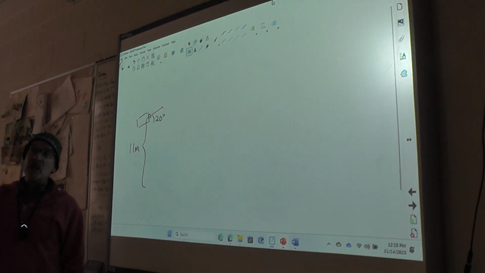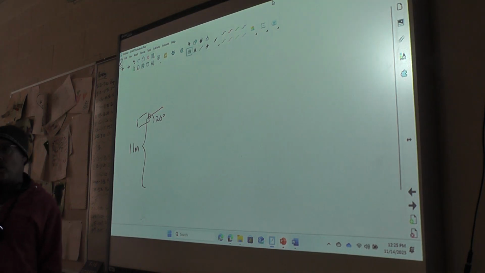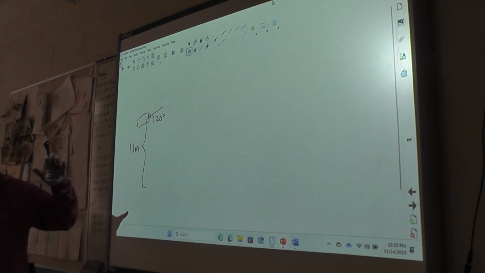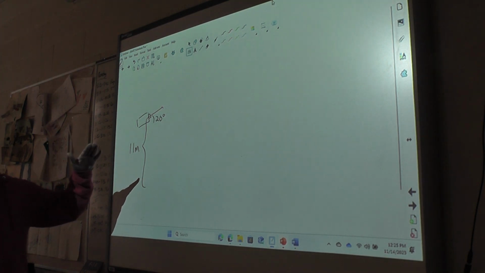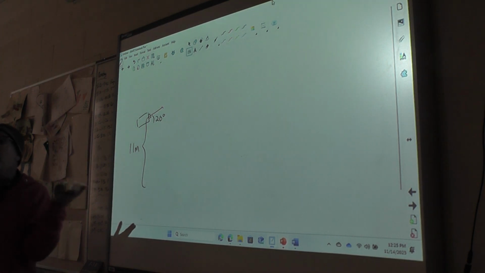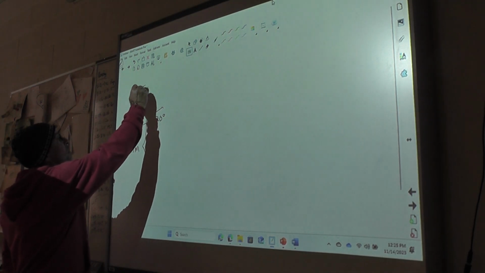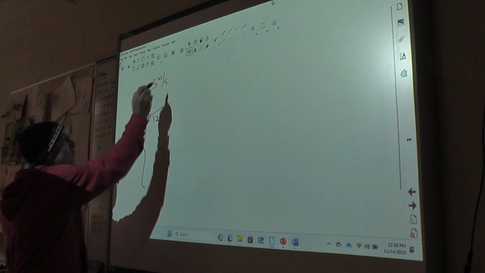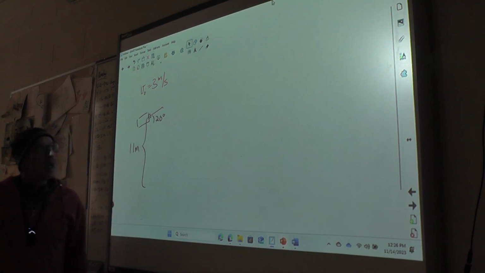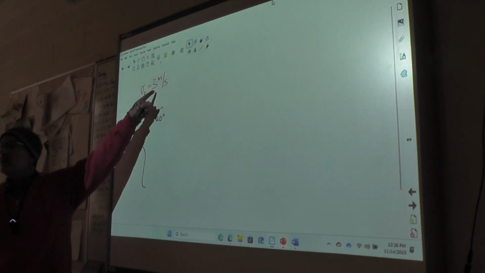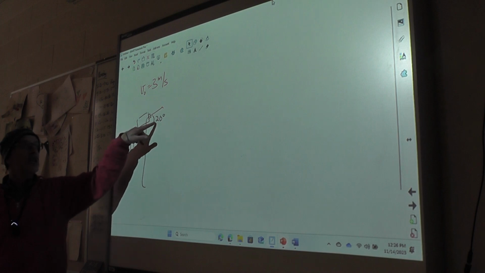We know that because we measured the speed with Tracker with a horizontal launch, and then a bunch of you measured it at an angled launch as well. It kept coming out at about the same speed, about 3 meters per second. So this was our measurement. These 2 things are givens.